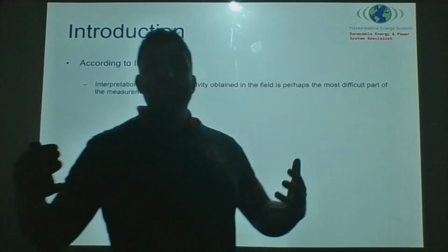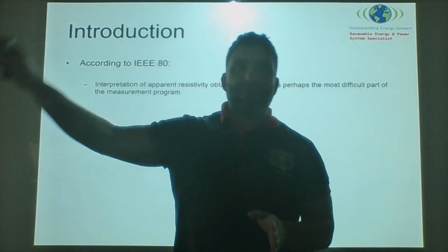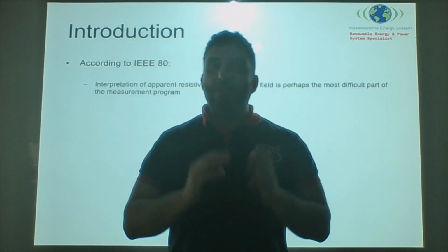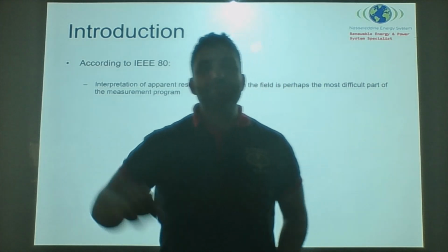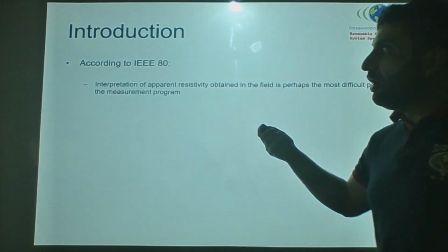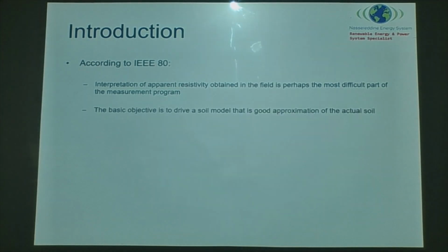You went and obtained data. You cannot obtain 100% of the data from the field. There will always be some errors because you did not measure every single spot. So how are you going to interpret this data?